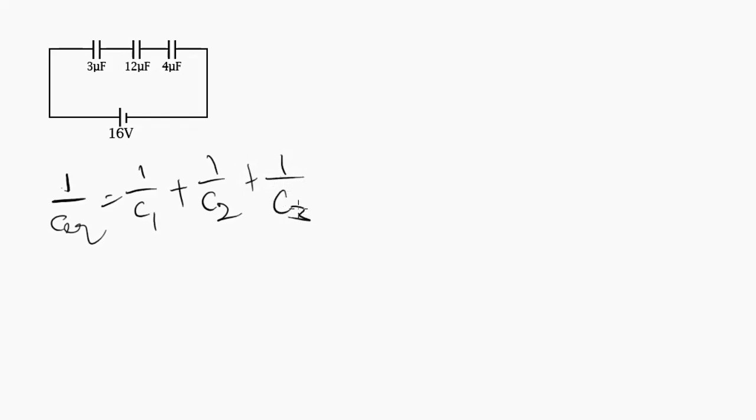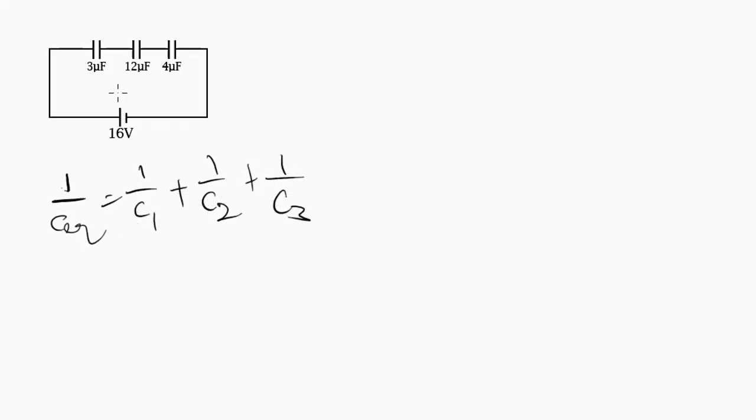For this next example, we want to consider the charge on each capacitor shown in this figure. For us to consider the charge, this is very simple. All we have to do is, this is in series, so the equivalent capacitance will be 1 over C1 plus 1 over C2 plus 1 over C3.